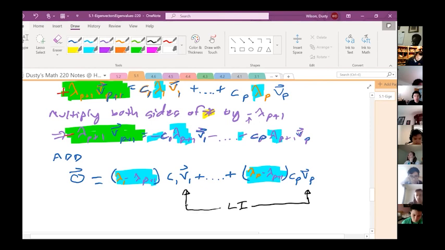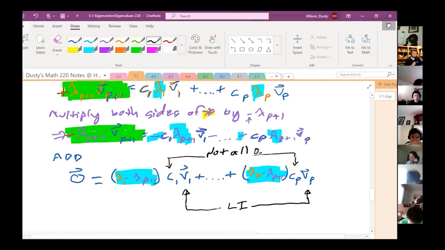And what can you tell me about the c's? Yeah, some of them could be 0, but they're not all 0, like Dibbs and Gerald said.